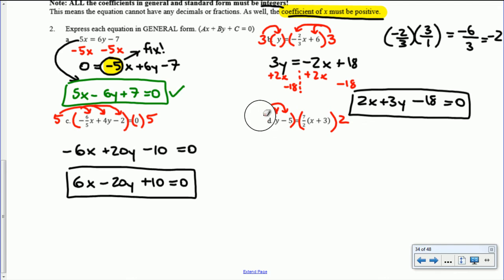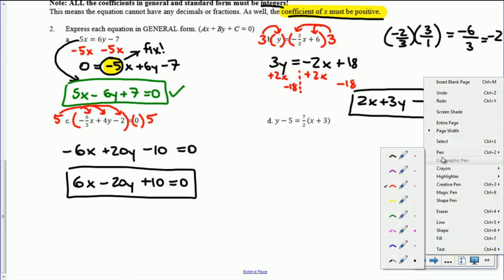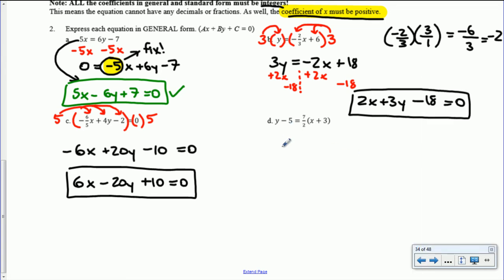So I'll just distribute this 7/2 first. So it might be easier just to think of 7/2 x plus 21 half. So 7 times 3, 21. 2 times 1 on the bottom is 2.